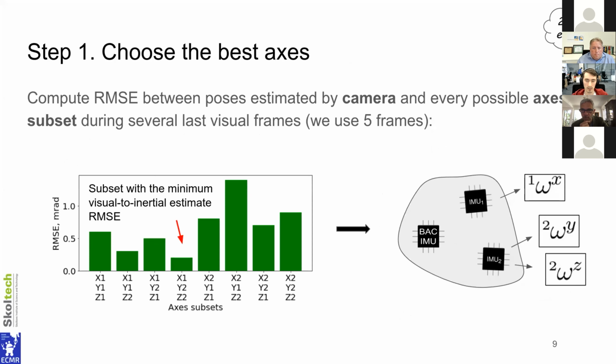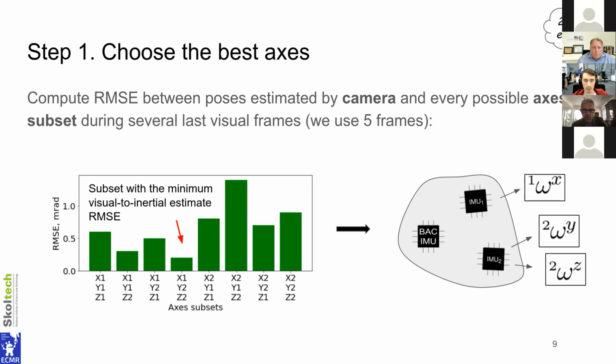Step one in our approach is to measure error of state estimation with different subsets of IMU axes. We measure this error by comparing the state estimated by visual data from the camera and the state estimated by different subsets of axes of the IMU.